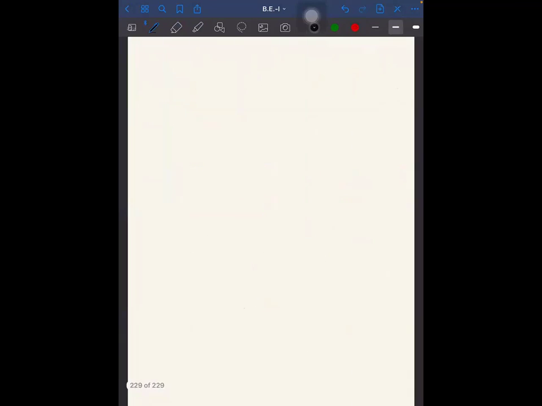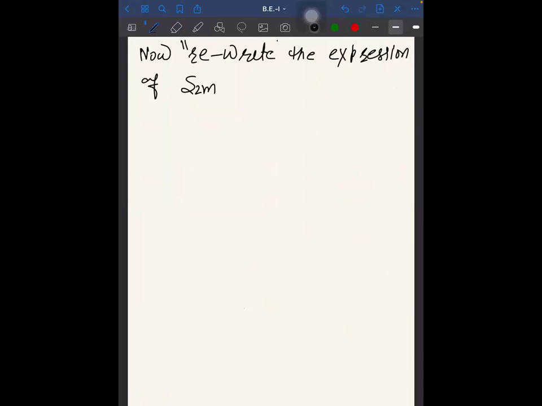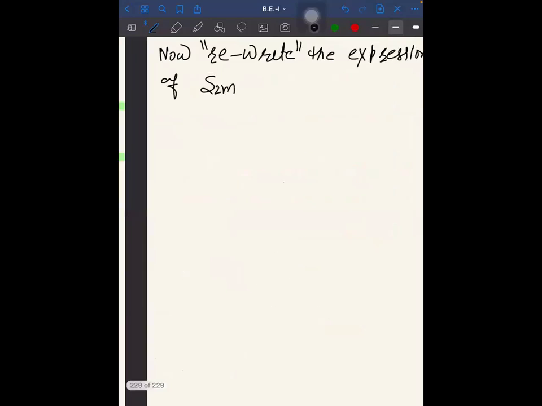Now rewrite the expression of S2m. How are we going to rewrite it?